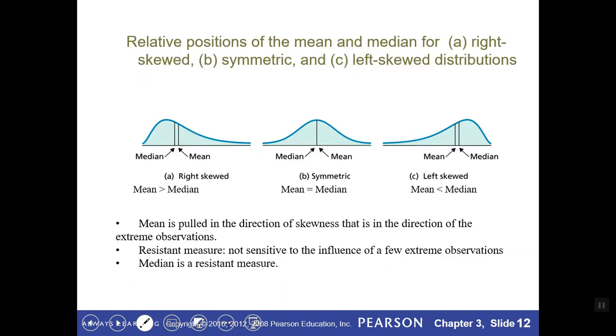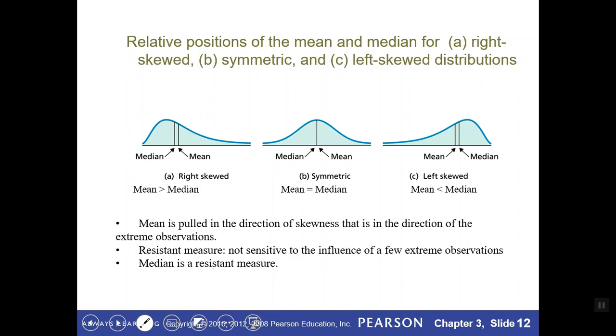Okay, this is the relative position of the mean and median. As you can see in the first graph, median value is less than the mean value. From left to right, values are increasing. So we call it right skewed, because its tail is on the right hand side.